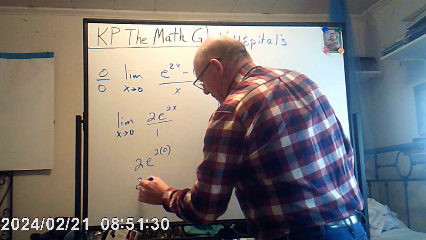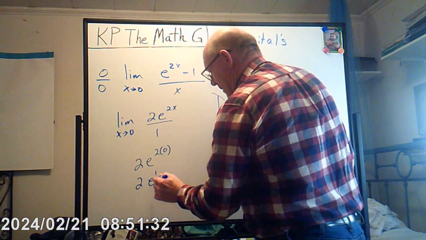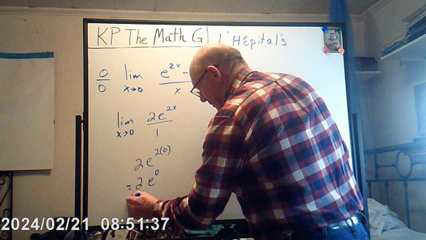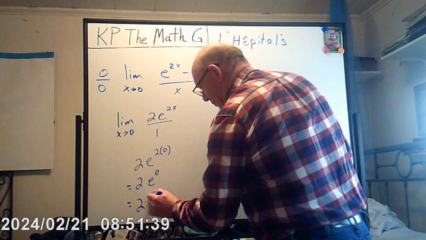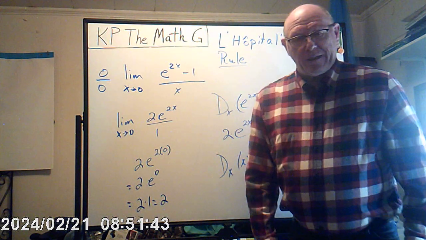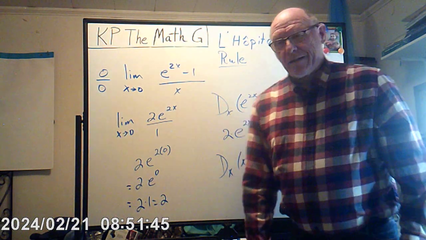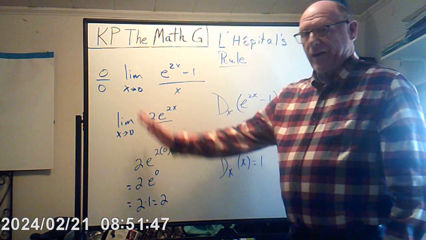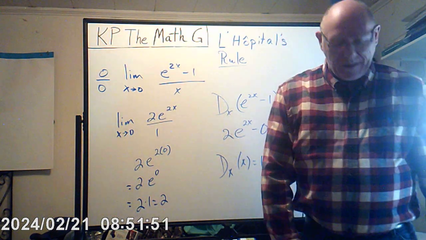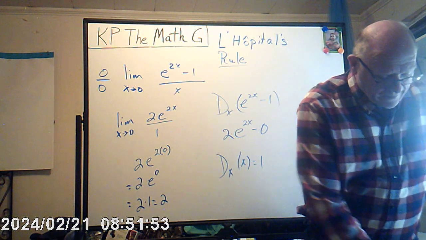This is 2e to the 0, which is 1, so that's equal to just 2 times 1, which is 2. Alright, that's that one. Definitely L'Hopital's rule there. We can apply L'Hopital's rule.